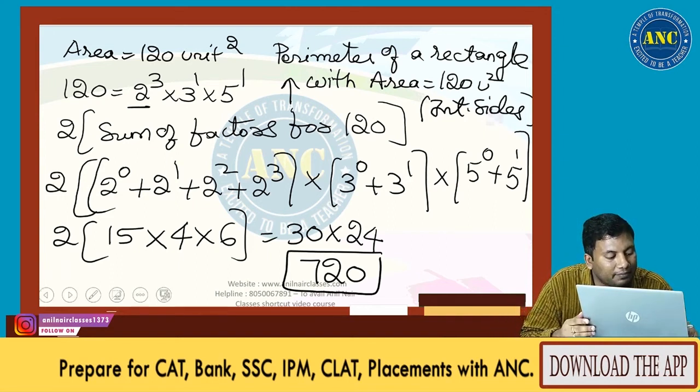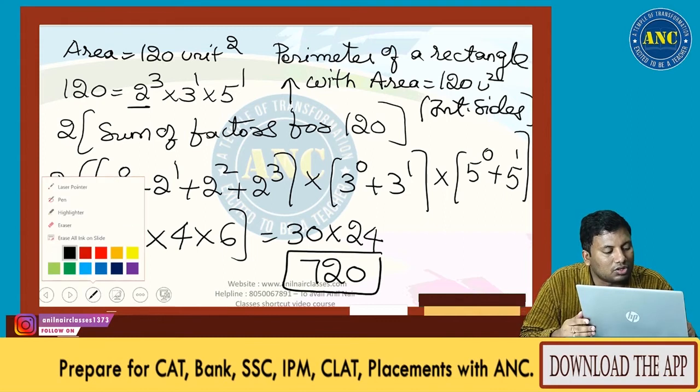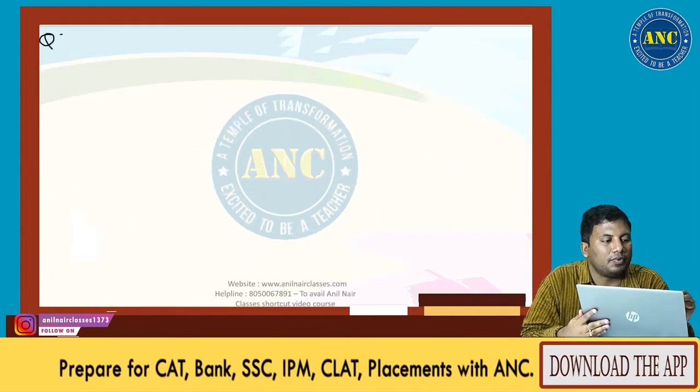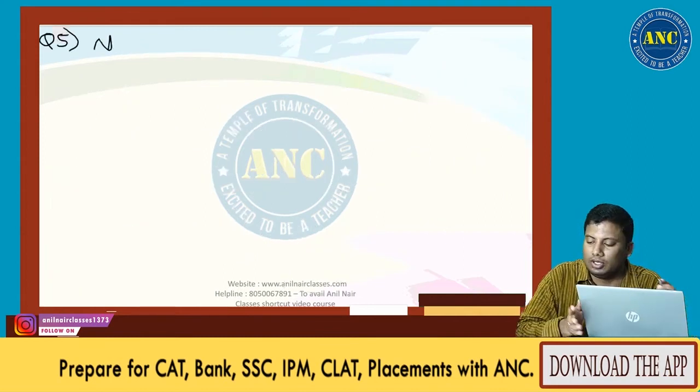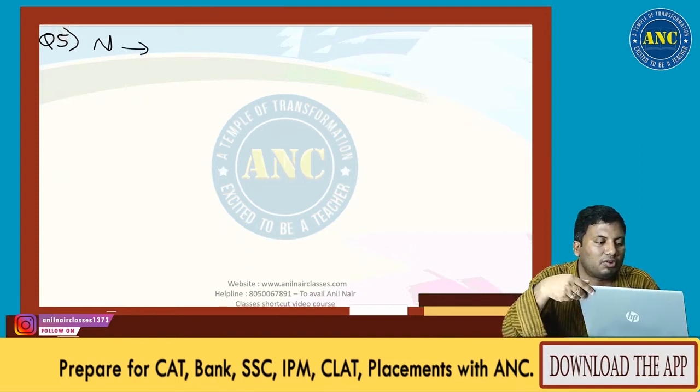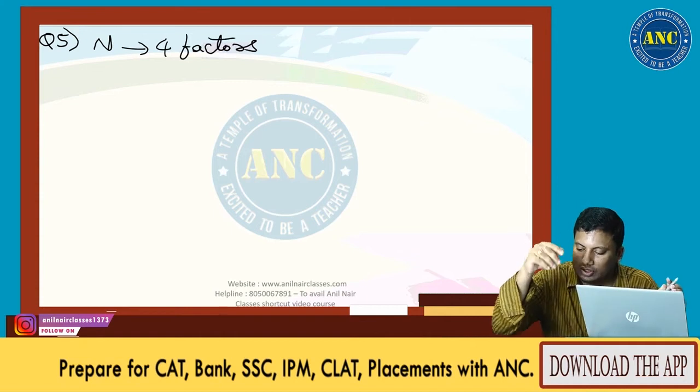Question number 5. There is a number. This number has got 4 factors. The sum of all the factors excluding the number is 31. Find the sum of all such numbers. There is a number, and the number has got 4 factors.